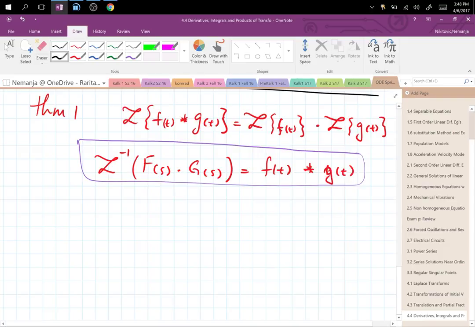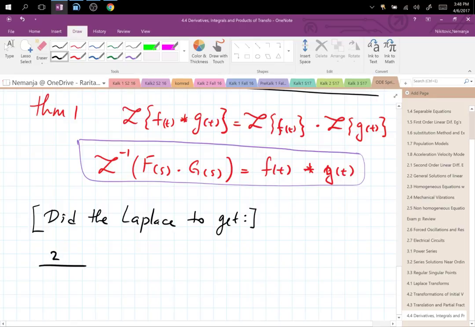So I'll put over here, did the Laplace transform to get, and now we have 2 over (s minus 1)(s squared plus 4). Right?